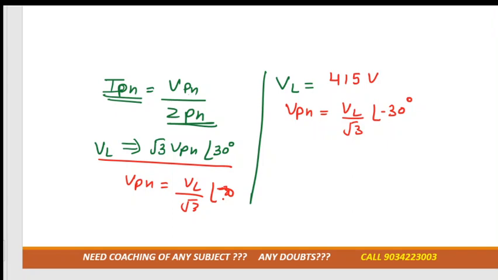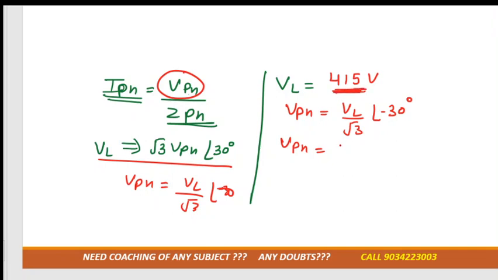Now we need to calculate the phase voltage, because for the formula what we want is the phase voltage. So according to this, VPH is how much? We are doing the question practice problem 1.